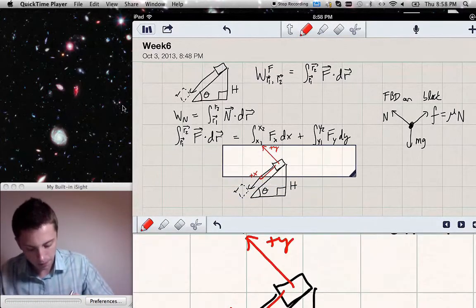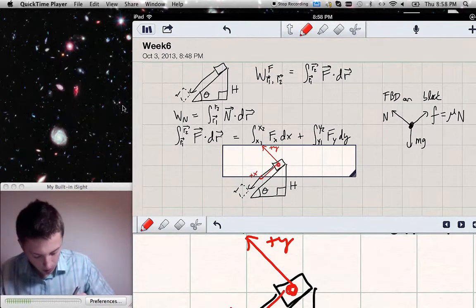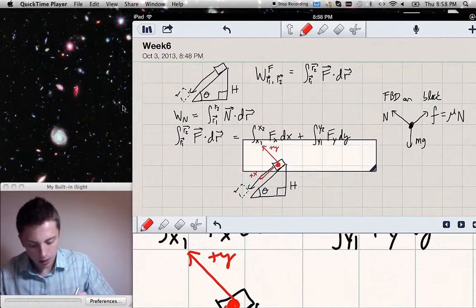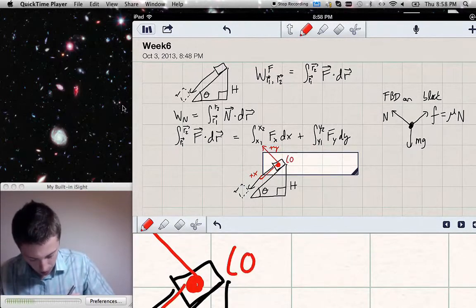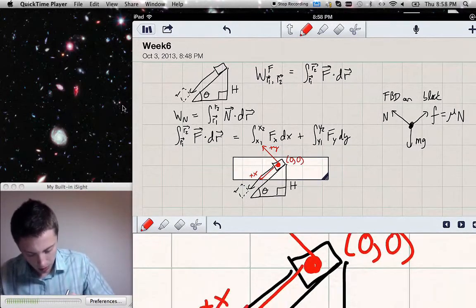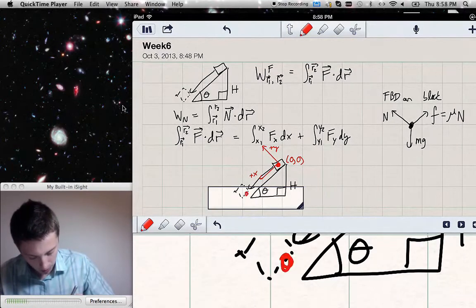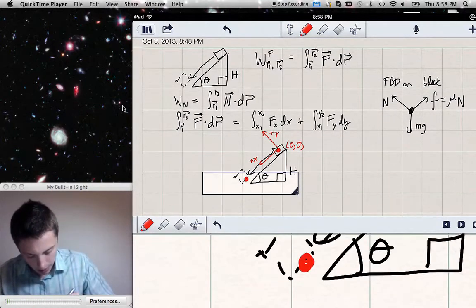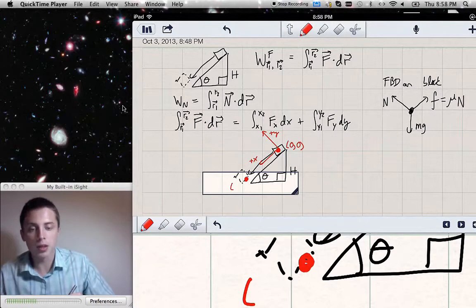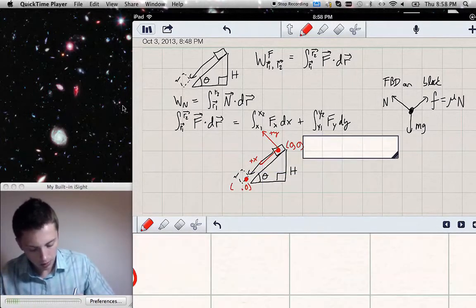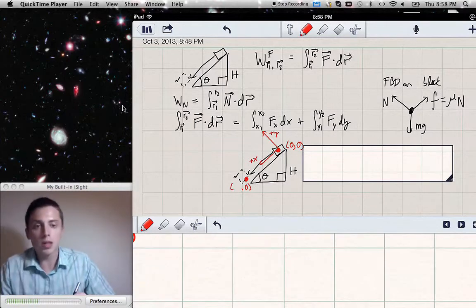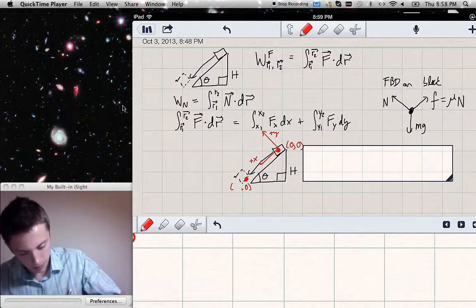Okay? And this is going to be my origin, 0, 0. So R1 is given by the coordinates 0, 0. And R2, my final position, which is down here, is given by the x-coordinate, which is going to be the length of this ramp, and the y-coordinate of 0. So let's figure out what the length of this ramp is going to be in terms of the given h and theta.